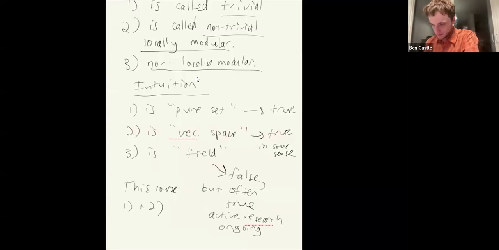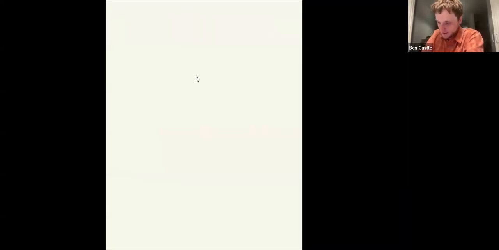So this is the plan for today: as much as possible, start to prove these 1 and 2 characterizations. So the trivial looks like a pure set, and non-trivial locally modular looks like a vector space.